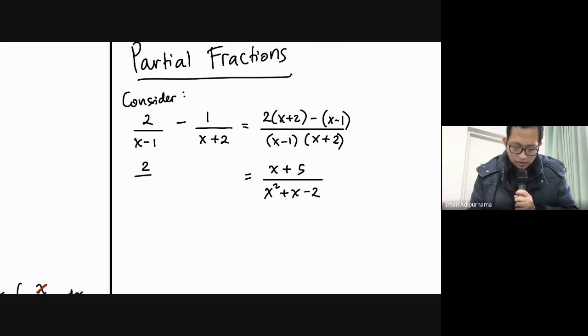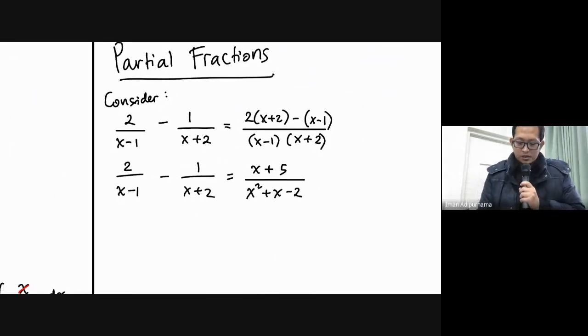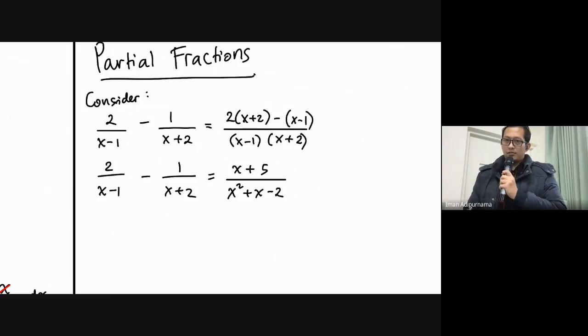So we can write 2 over x minus 1 minus 1 over x plus 2 as x plus 5 over x squared plus x minus 2.